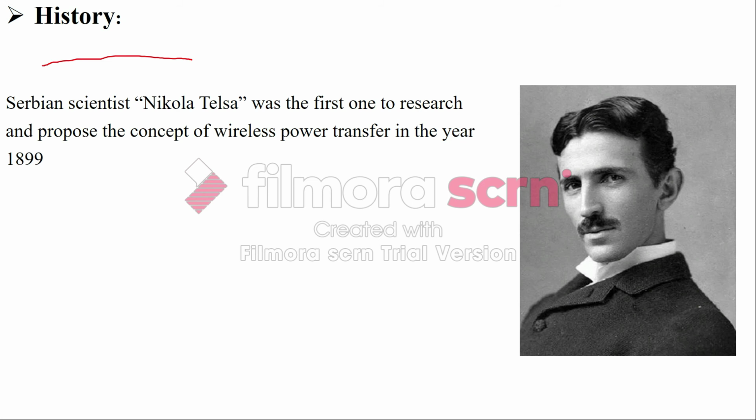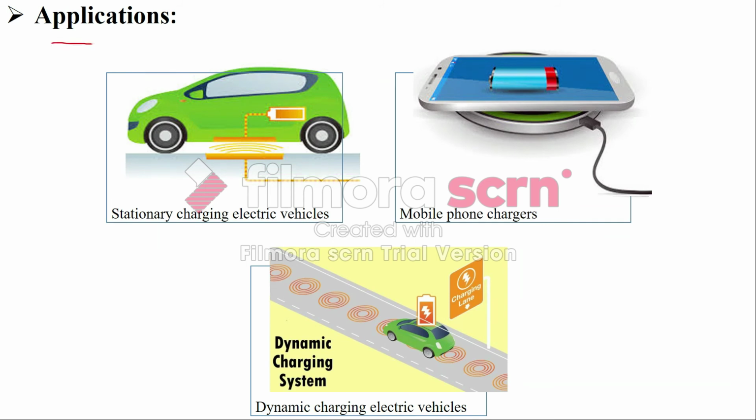There are many devices coming up in the future which are based on wireless power transfer applications. So let's talk about the applications of wireless power transfer. One application is stationary charging of electric vehicles.